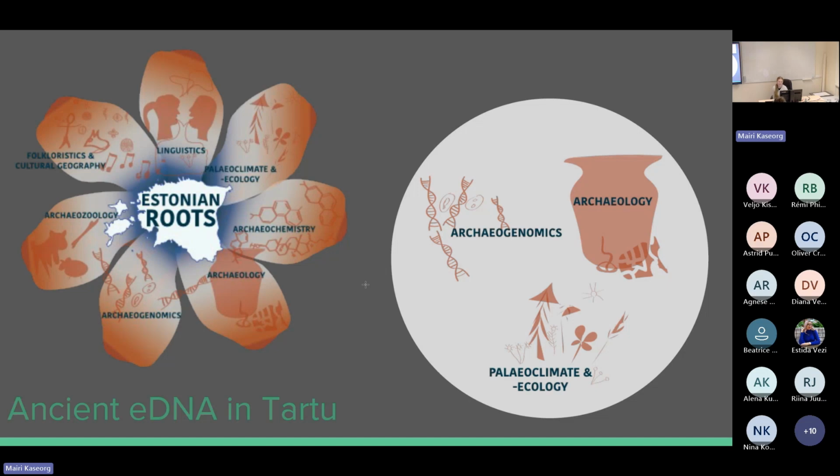Yes, this is 7 million euros for 7 years, and in our case for 7 groups, so it's all about sevens. And this specific part of the Center of Excellence is a collaboration between 3 of those 7 groups mostly. So us in archaeogenomics, then we have the paleoclimate and ecology team, and also archaeology.